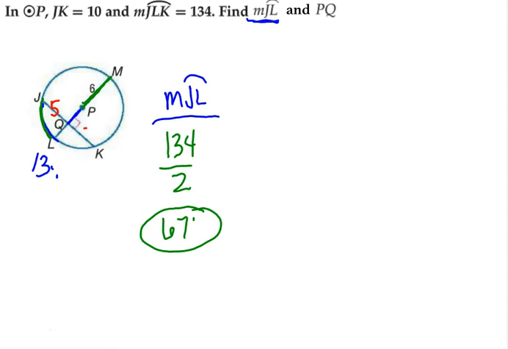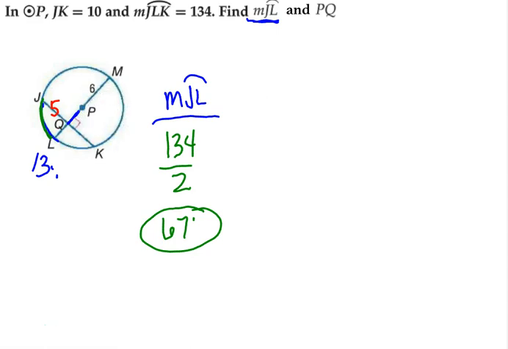Well, what kind of a segment is PM? I hope you're thinking it's a radius, because it is. And remember, I can draw a radius anywhere. So that would be 6. Down here would be 6. This would be 6, because my radius is the same no matter where I draw it, right? Well, I'm going to draw it in a convenient spot so it helps me solve this problem.